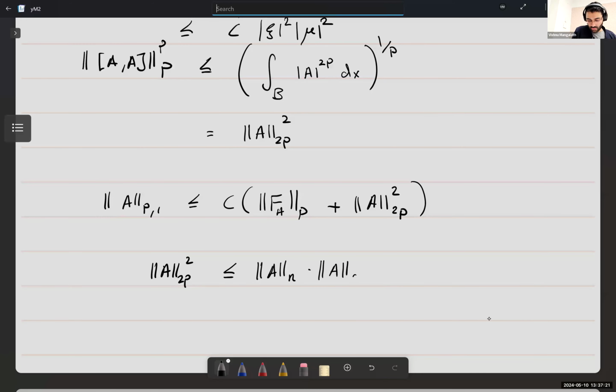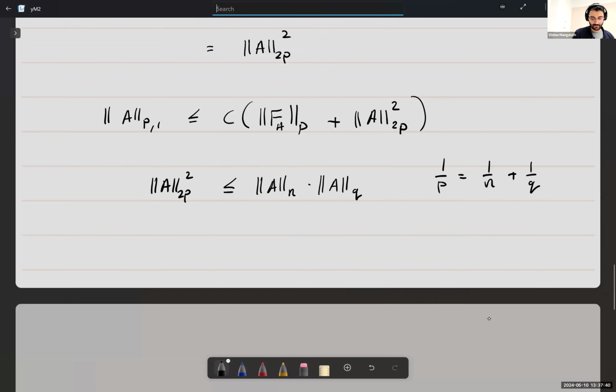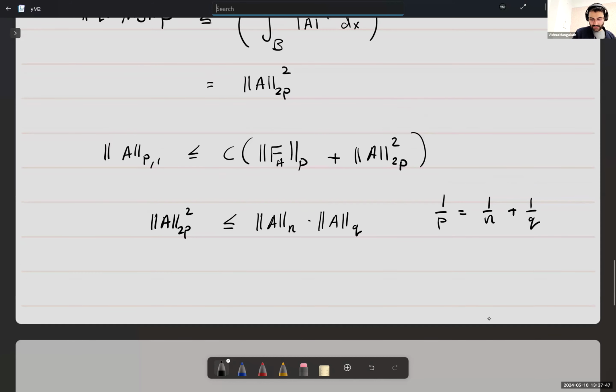Yeah, AQ, where 1 on P equals 1 on N plus 1 on Q. Okay, so then that splits this up once.